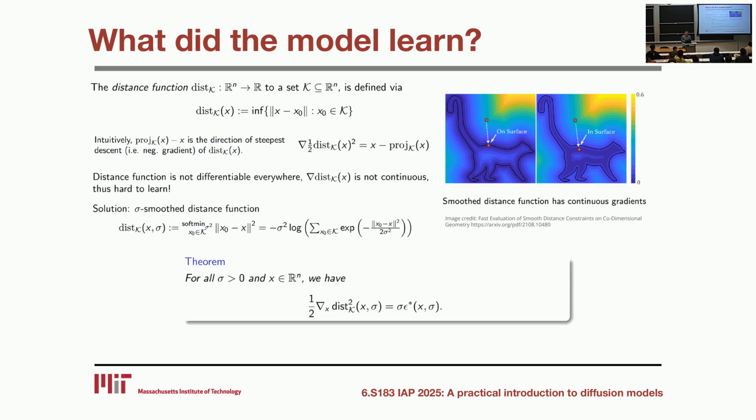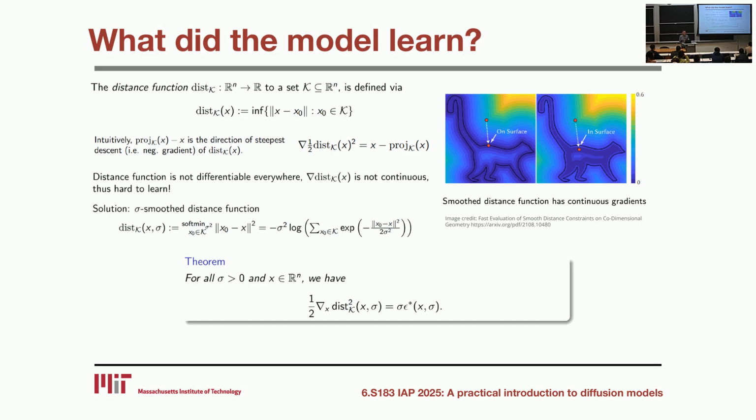So what happens if you try to smooth the distance function with a larger smoothing parameter? The prediction will be inside this kind of surface. And if you increase the smoothing parameter to be very large, the prediction will be close to the mean of the data. This is what is happening when you're learning this denoiser.